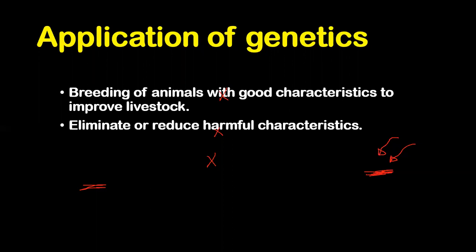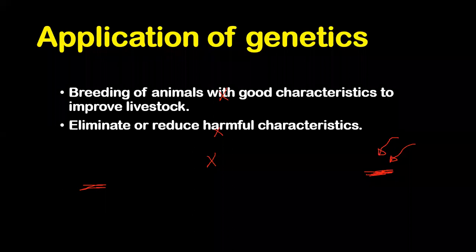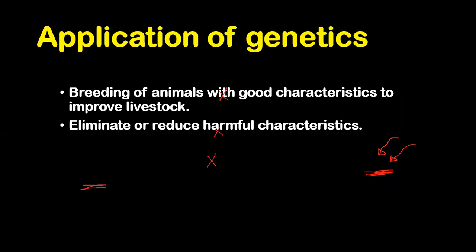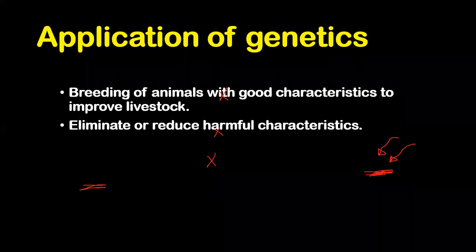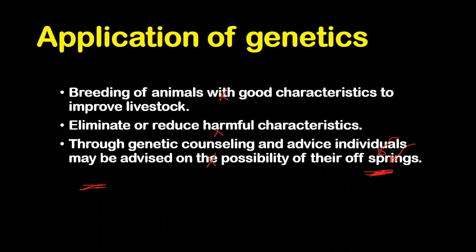And so that bull won't be able to pass on its genes to the next generation, and as a result, boom, it dies with its genes. So those harmful genes are eliminated from the population. So that's how good genetics is, and you've been carrying out genetics when you don't know.